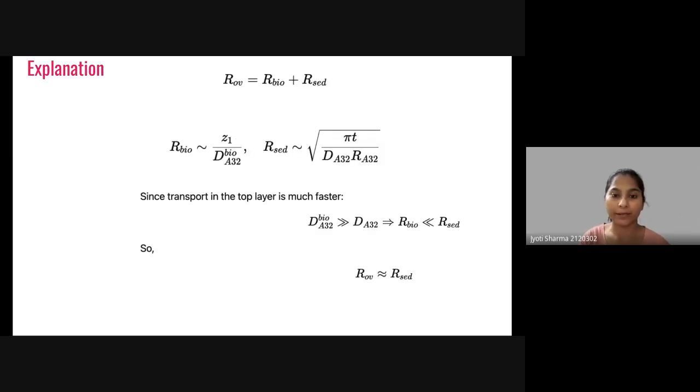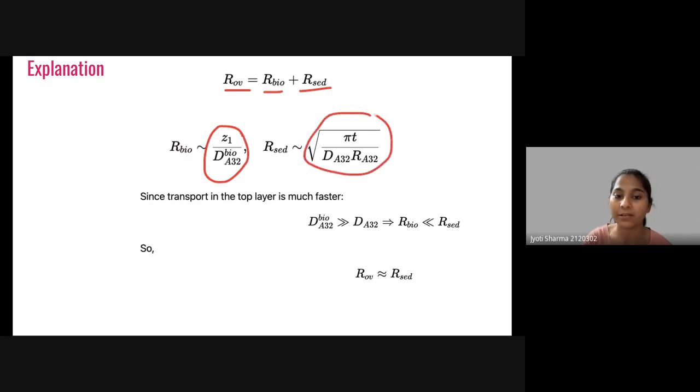This is shown by this one, as we can see. The overall resistance will be due to your bioturbated layer and due to your sediment. For the bioturbated layer the resistance is given, and the resistance for the sediment layer is also given. Because transport in the top layer is much faster, the diffusivity is much higher for the bioturbated layer.